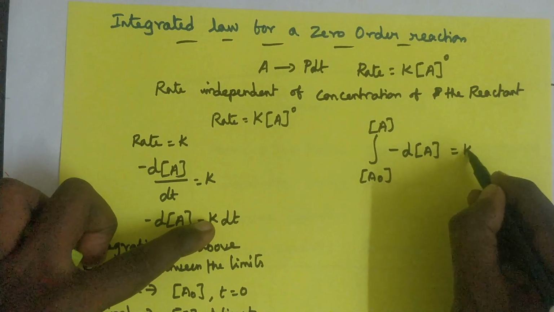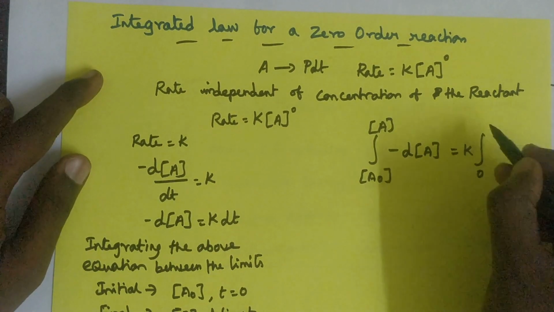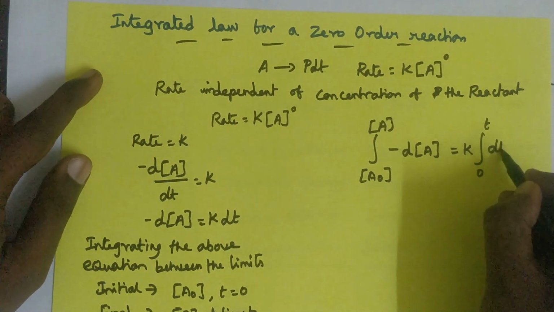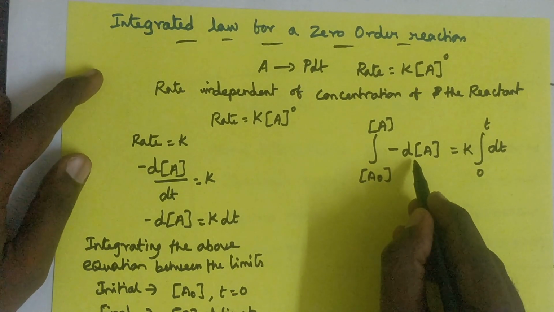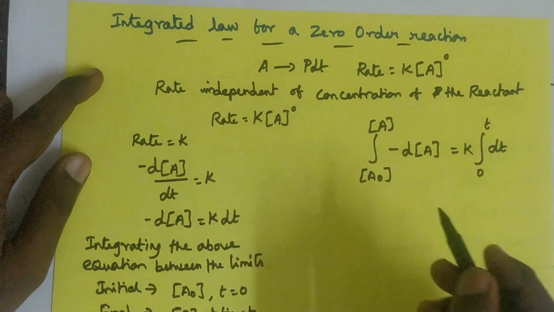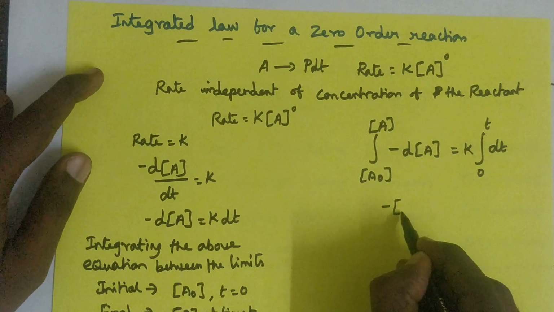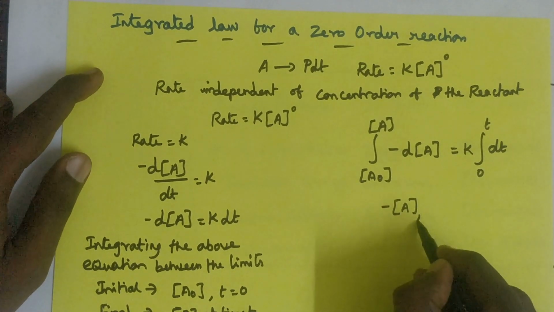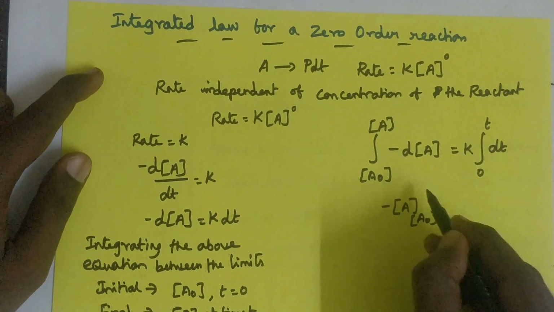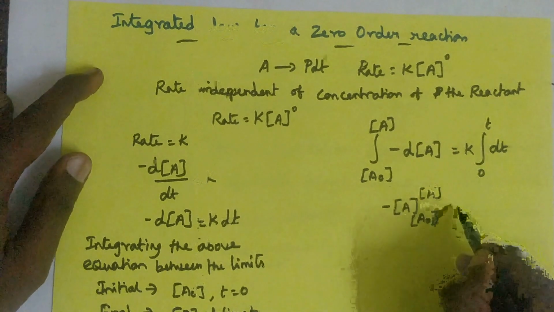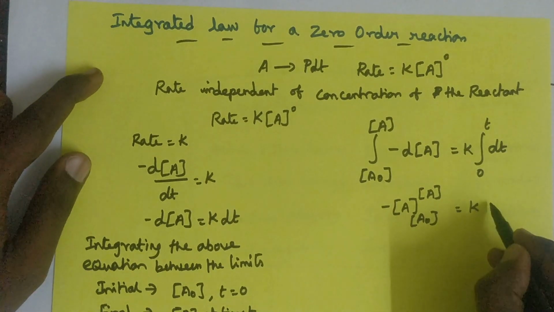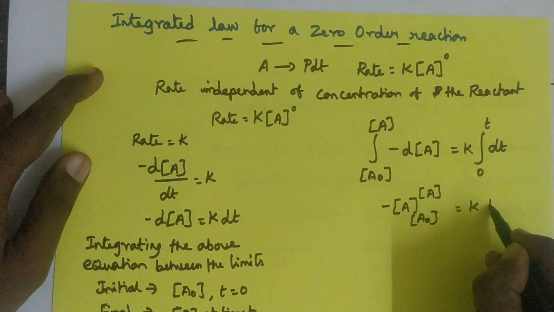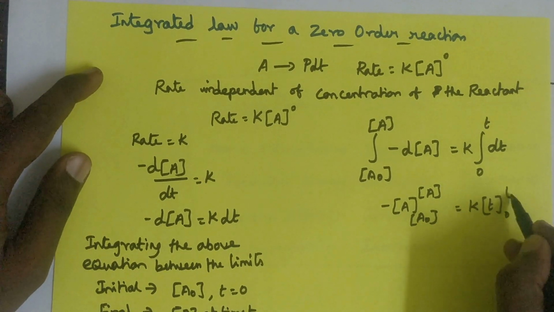k is a constant, taken out of the integral, from 0 to t, integral of dt. On integration of dA, the answer is A. So minus concentration of A, with limits A naught to A, equals k, and on integration of dt it is t, from 0 to t.